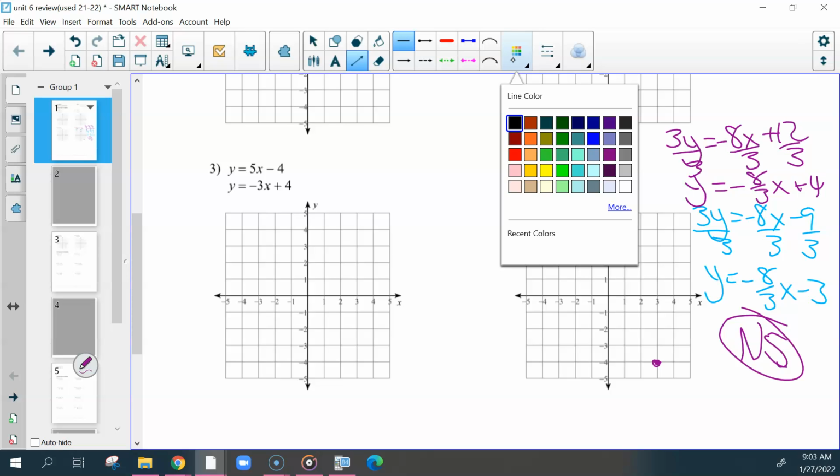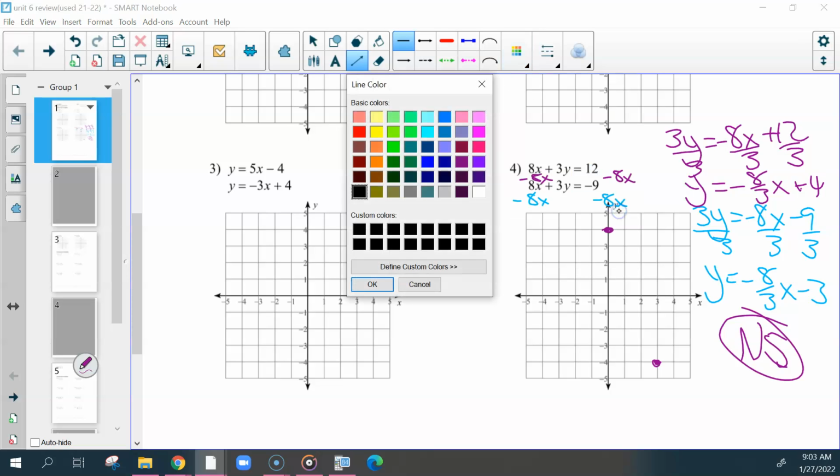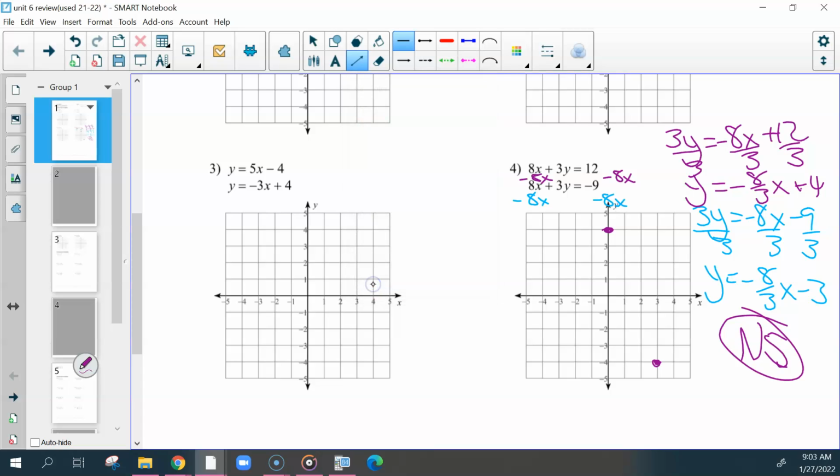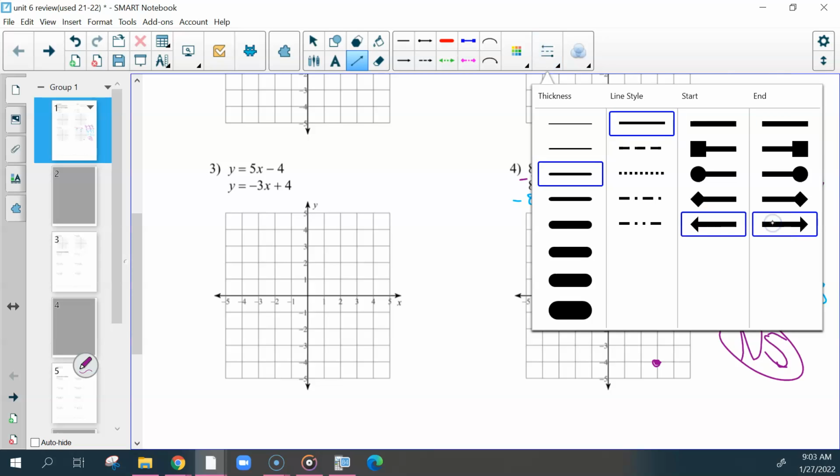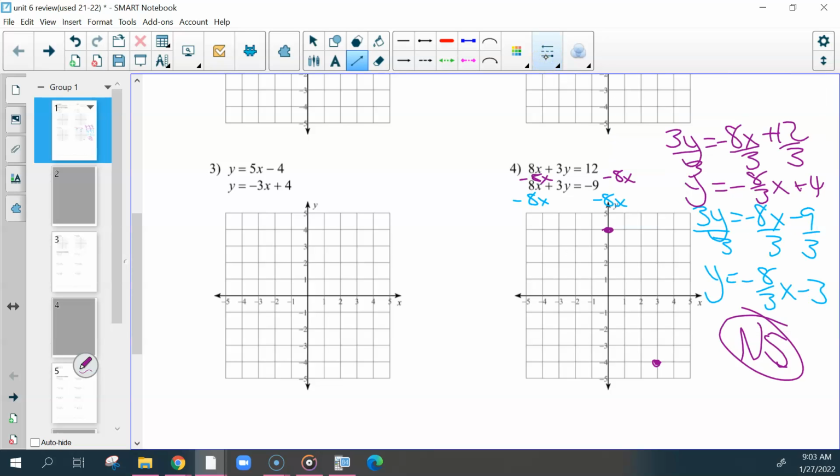This isn't a nice fraction that we could easily simplify. So even though we divided by 3, 8 divided by 3 is not a nice number, so it's going to stay a fraction.